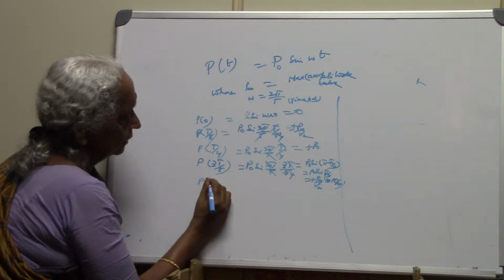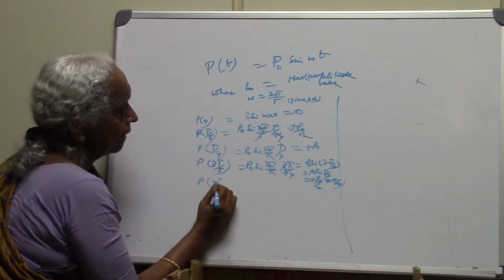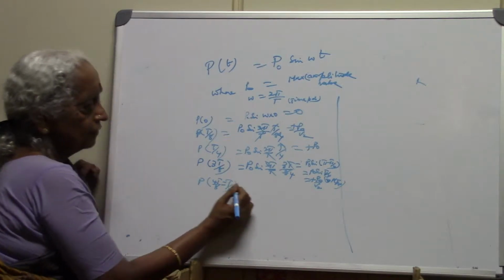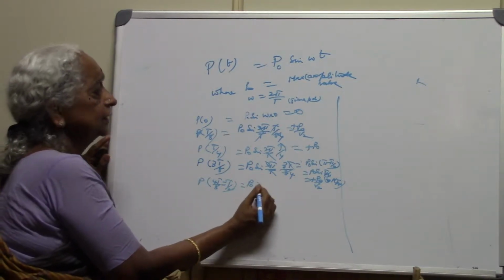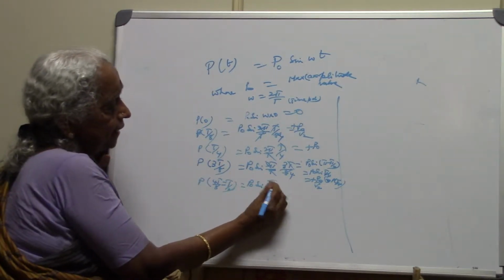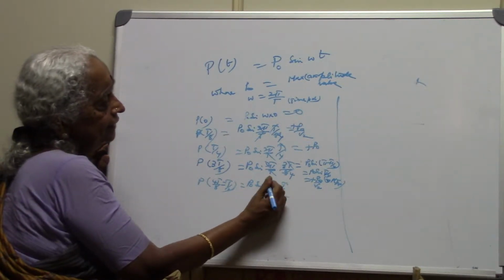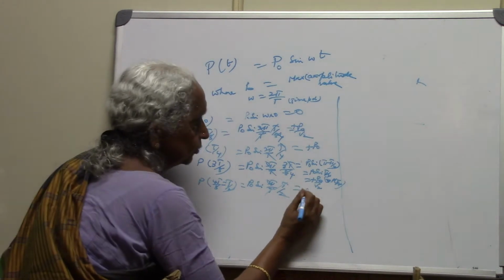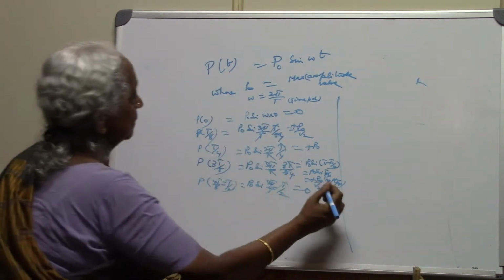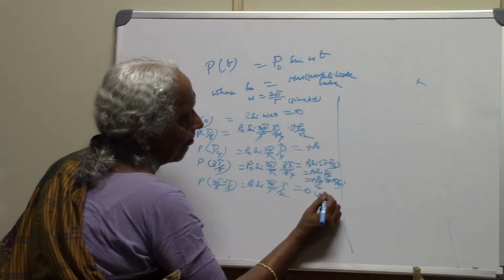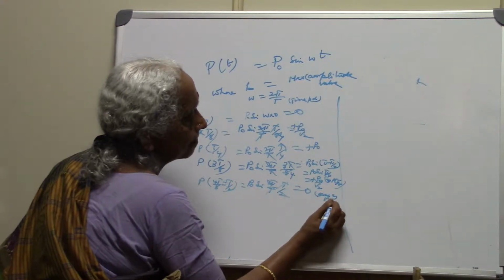Then P at 4T by 8 or T by 2 will be P naught sine of 2 pi by capital T into T by 2. T and T get cancelled, 2 and 2 get cancelled, sine pi is 0, so it will be 0. Same as P at 0.